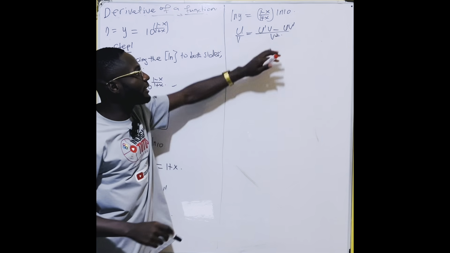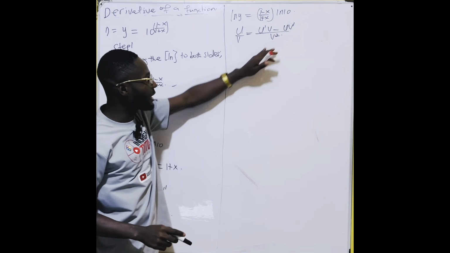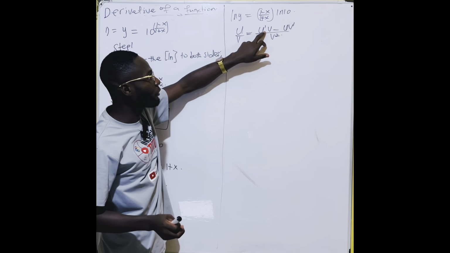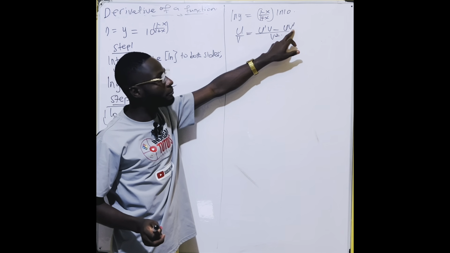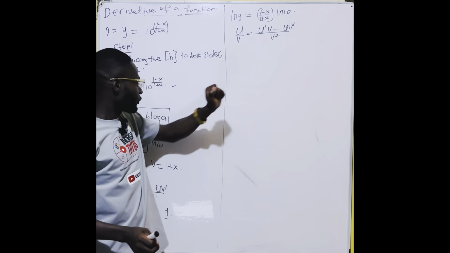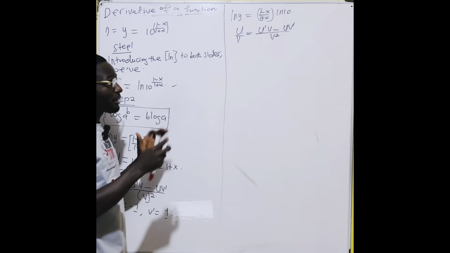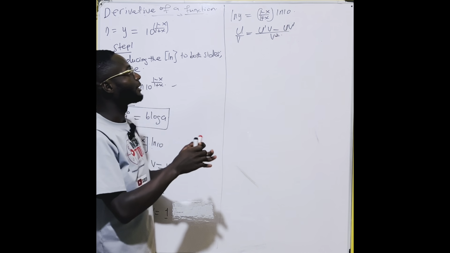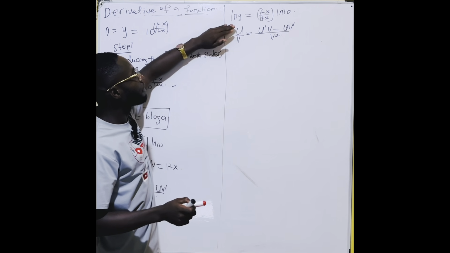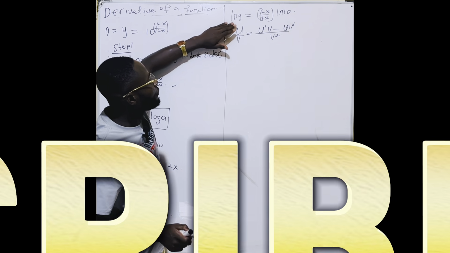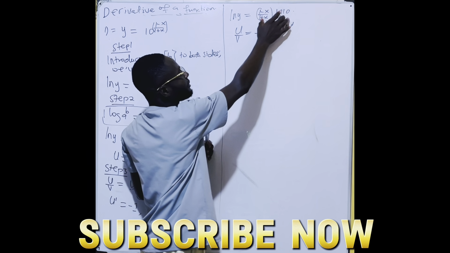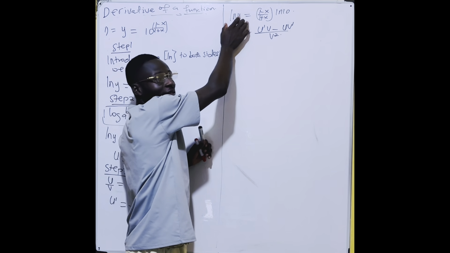Okay, so this is what we have at this point, and what we need to do is to substitute, right? And don't forget, we are doing this to both sides. Let's finish with the right hand side, then we come to the left hand side.